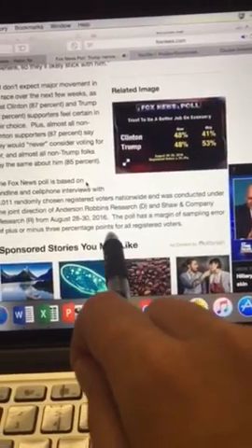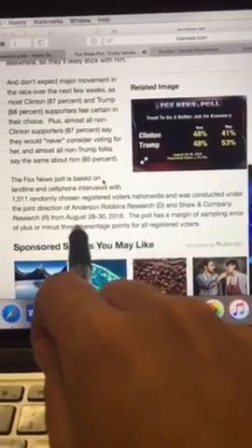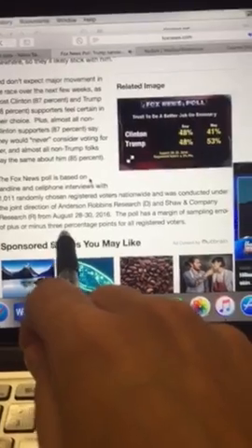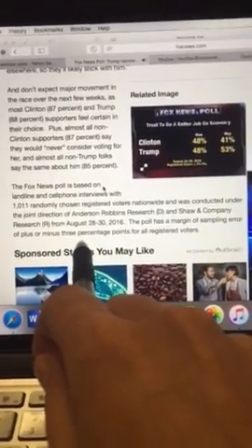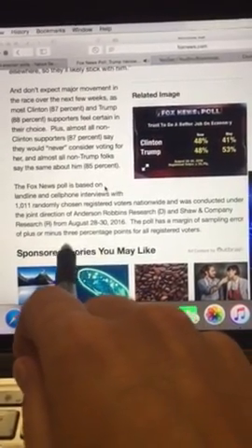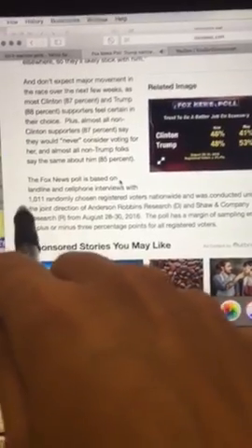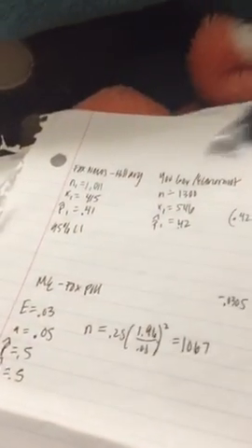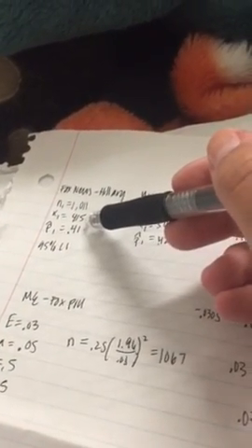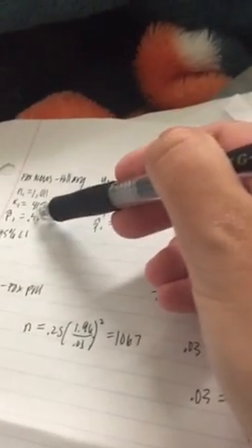And then the margin of error is plus or minus 3, which I'll go over later. To get x1, I just took p hat 1 times n1. Sometimes they give it to you.